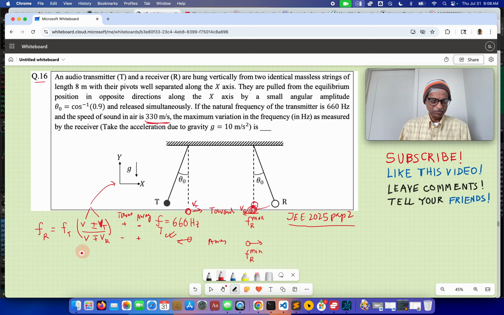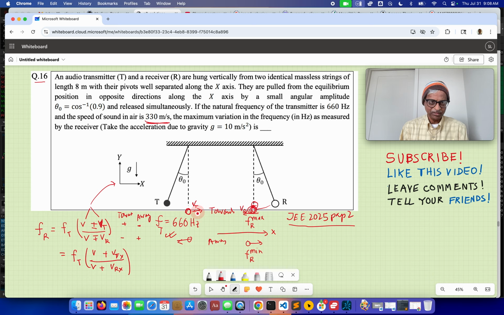Or if you want to actually use the x coordinate, it is very easy to write V plus V_tx over V plus V_rx, and you can see that the signs are already included, because of the x component.